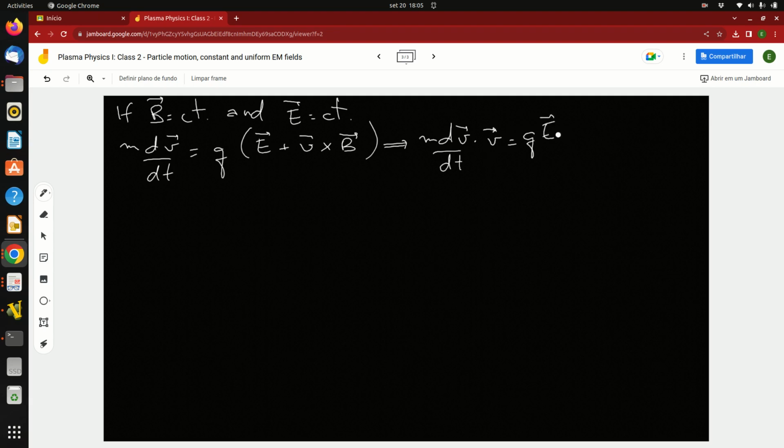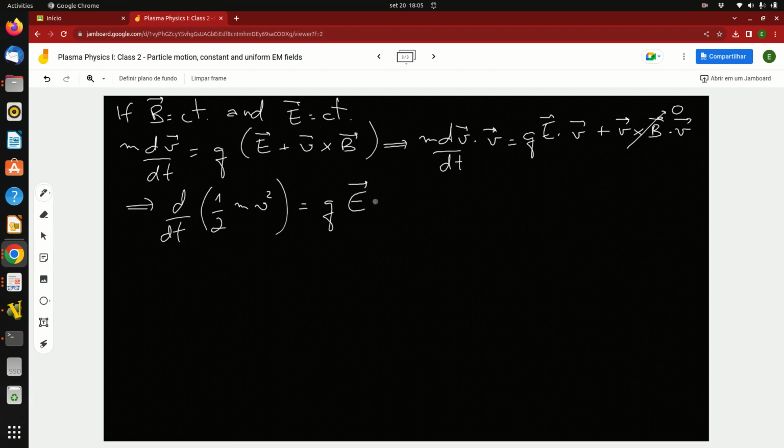Exactly the same thing I did before, but now since I have an electric field, I can drop this term, but I cannot drop this one. So we end up with this equation, 1/2 mv square equal to q electric field dot v. This is 2.4.